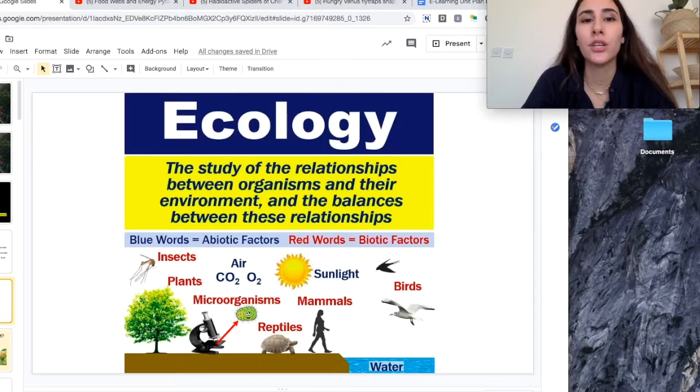So ecology is then the study of relationships between organisms and their environment, as well as the balances between these relationships. Because like I said, since we are all connected, sometimes if one thing happens to one species in an ecosystem or in an environment, this drastically will affect other species, other organisms as well.